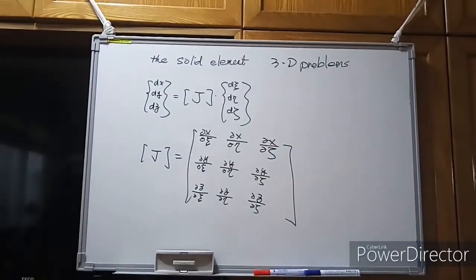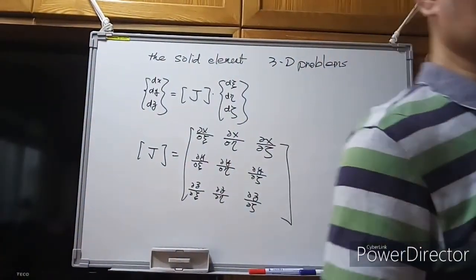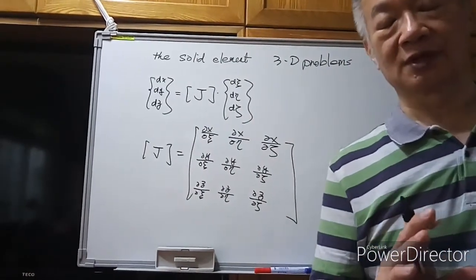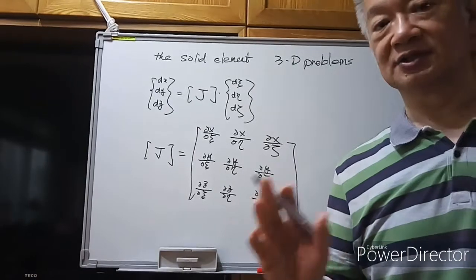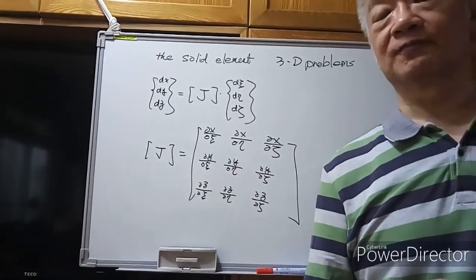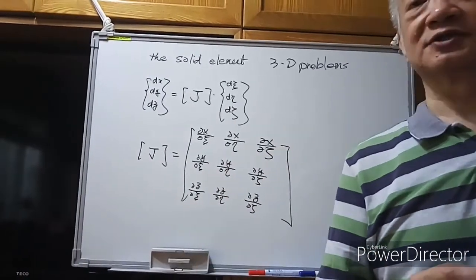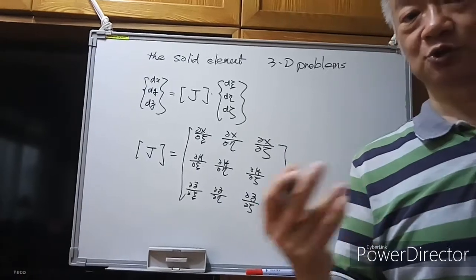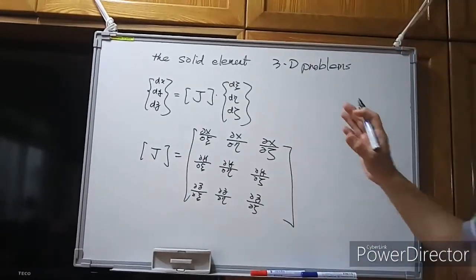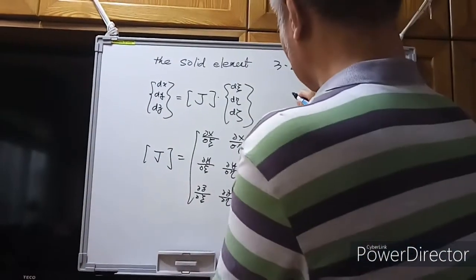Also remember, the Jacobi matrix can be calculated, since we know all the xi, yi, and zi, and also we know all the shape functions. Since we know the shape functions, we know all the phi functions, so we can calculate the partial derivatives of all these functions.